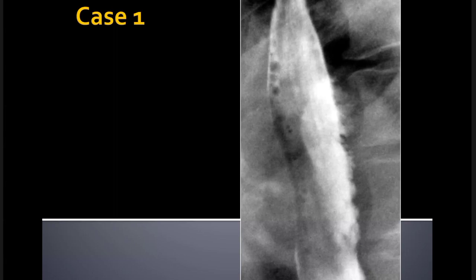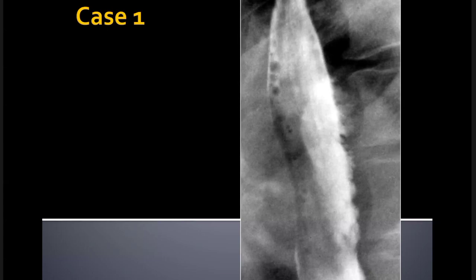So I'm thinking of a giant ulcer like cytomegalovirus, the CMV esophagitis. I cannot see any mucosal irregularity other than this large opacity. There is no contrast leak. There is no significant holdup of the contrast. So next, I would like to correlate my findings with the history of the patient.